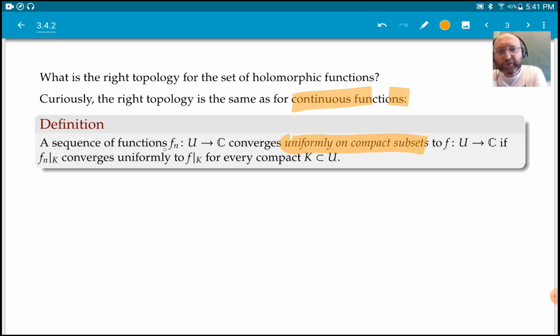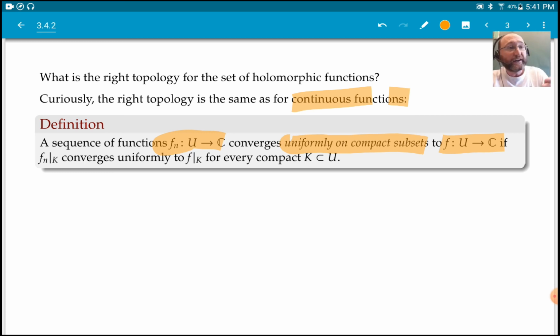Basically, we have a sequence of functions f sub n, and a function f on some set U. Suppose that this U is a subset of the complex plane.